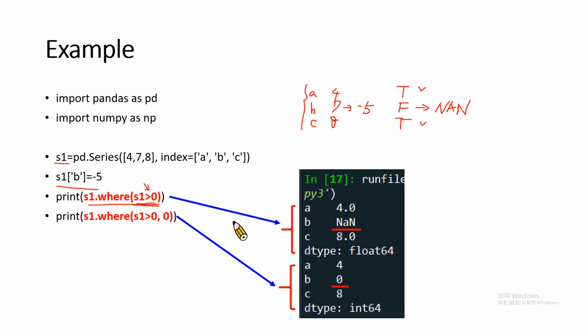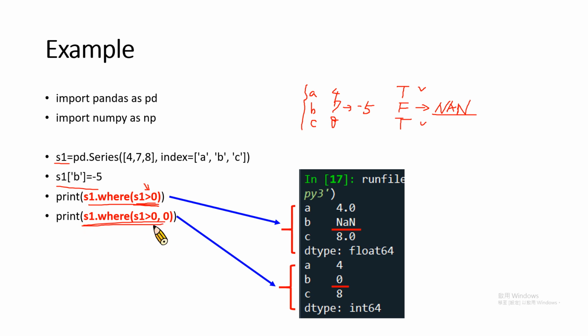So if you print out, you will see that the value of A is still 4, and the C value is still 8, but the value of B will be NaN.